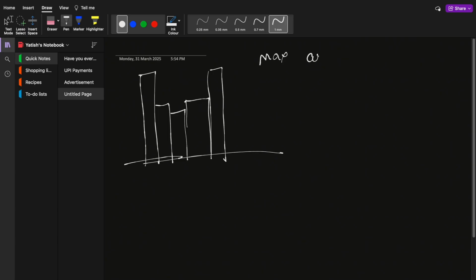Max area rectangle in histogram. So how can we find that?